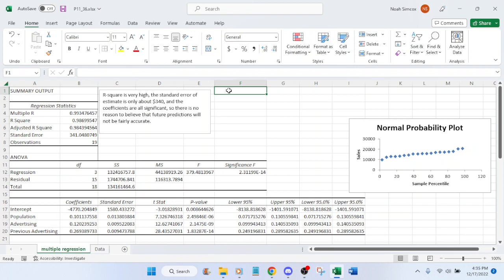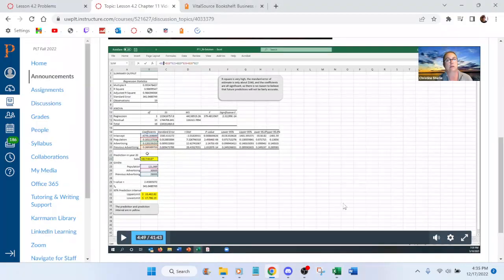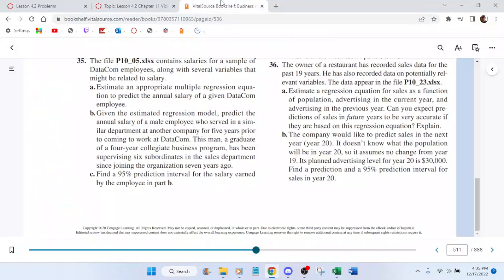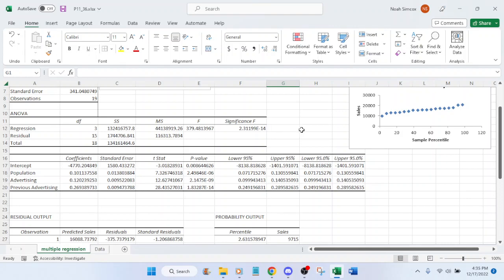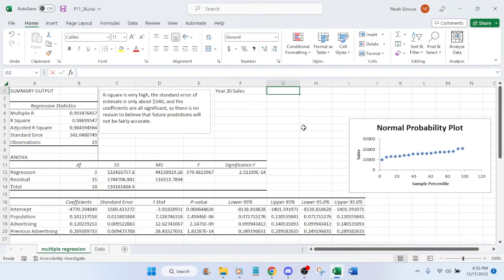We can get the answer of year 20 sales. So the equation is going to be equal to this one plus population times given population.